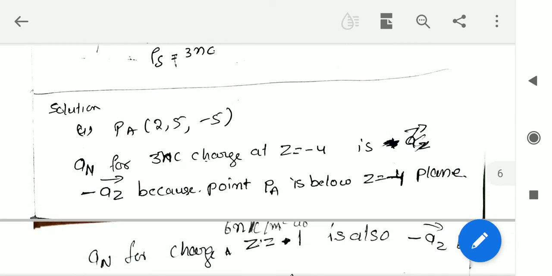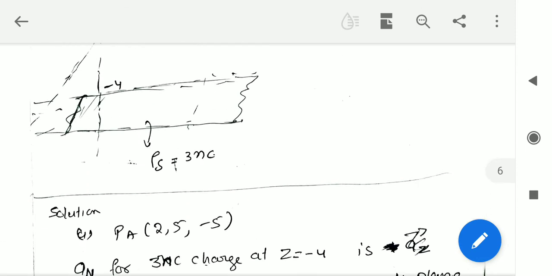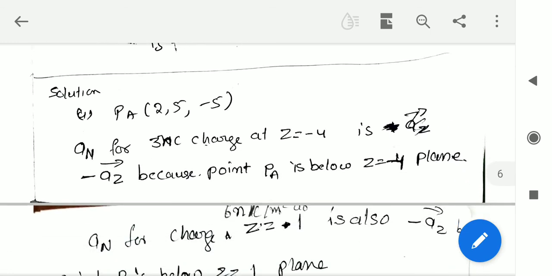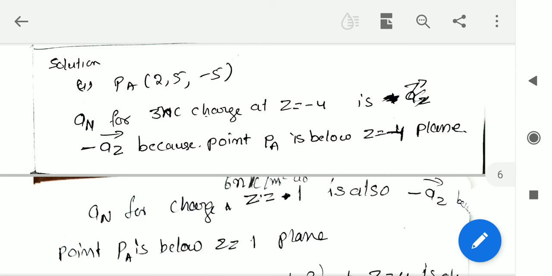Okay, so the electric field we are getting will move in the negative z direction, because our point is present below all the three. So for that reason, an for this field is minus az.